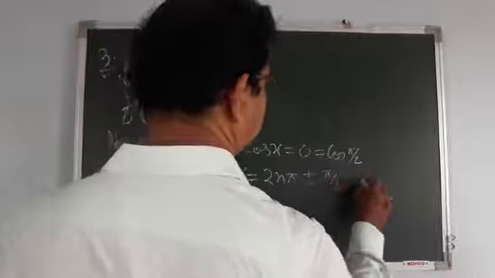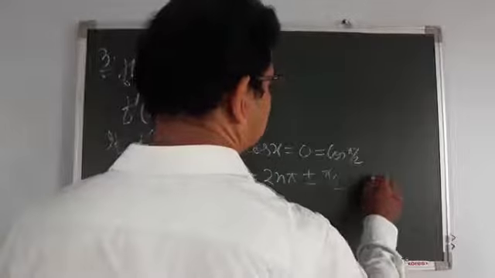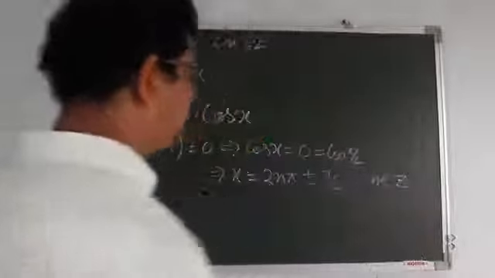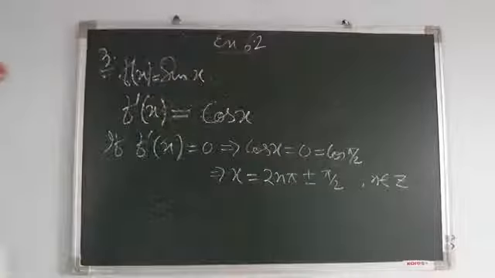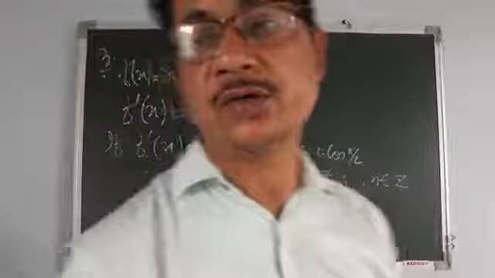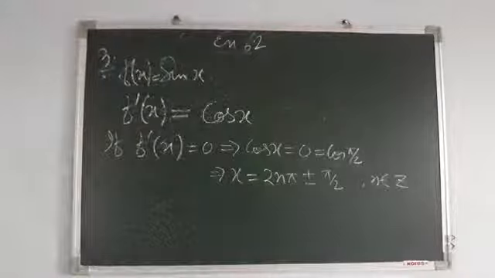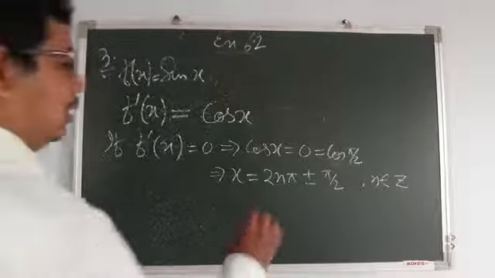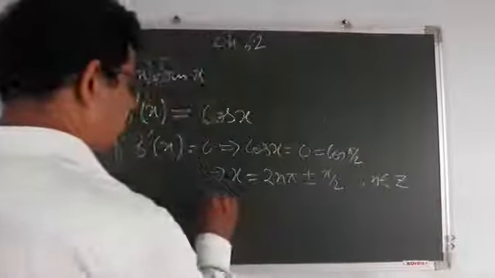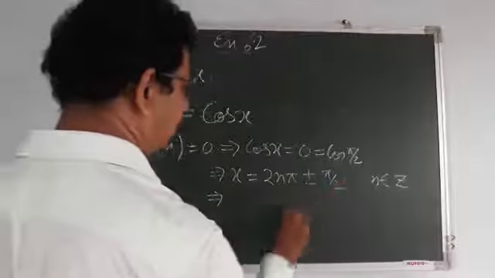We got this from class 11: when cos x equals cos y, then x equals twice n pi plus minus y. That thing we have used here, and we will get values from different values of n.